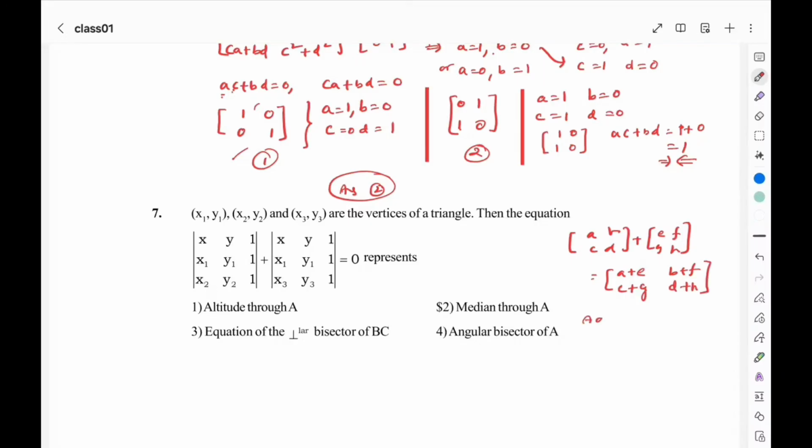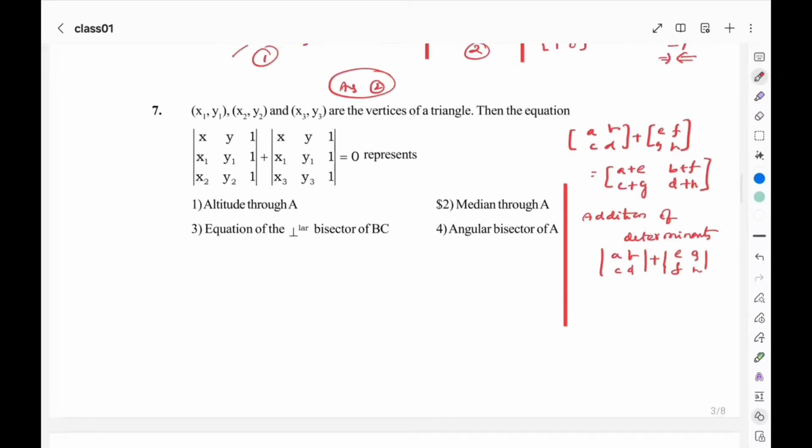But if you consider addition of determinants, if you write ABCD plus EFGH, you can only evaluate by evaluating the individual determinants. Unlike matrix addition, determinant addition is not directly possible.